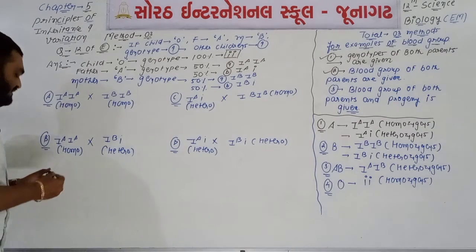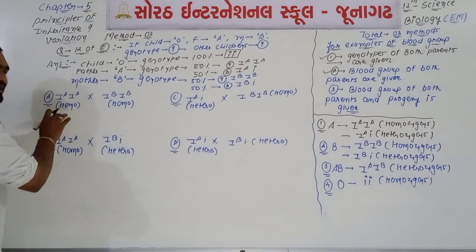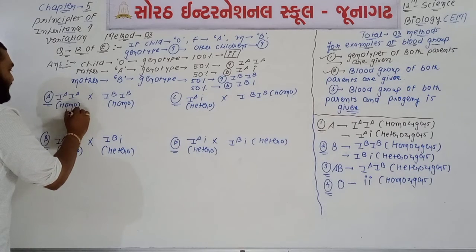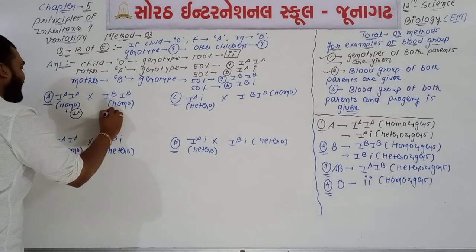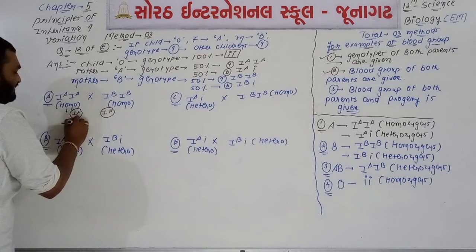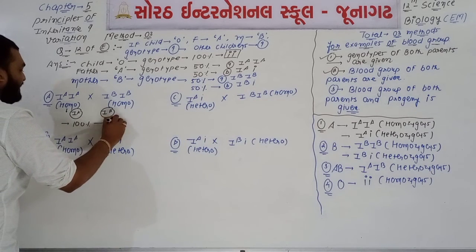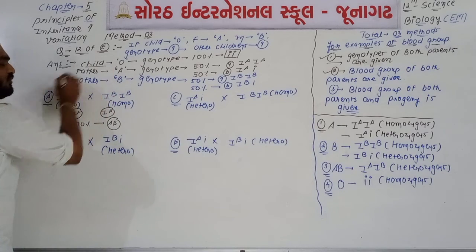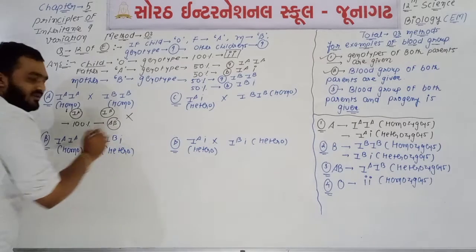Now I am writing it very shortly. Here IA is one gamete, IB is the second gamete, so 100% blood group AB. But the blood group of the child will be O, so it is not possible.